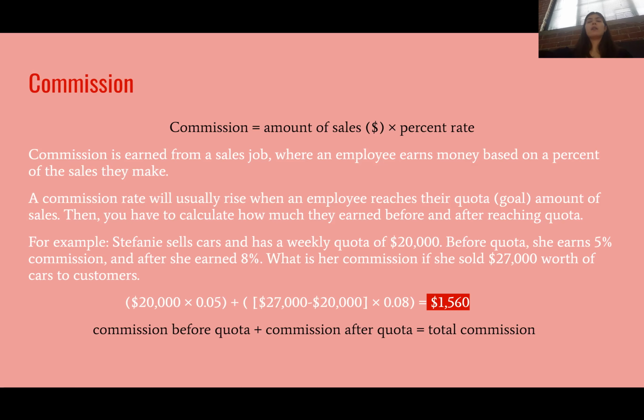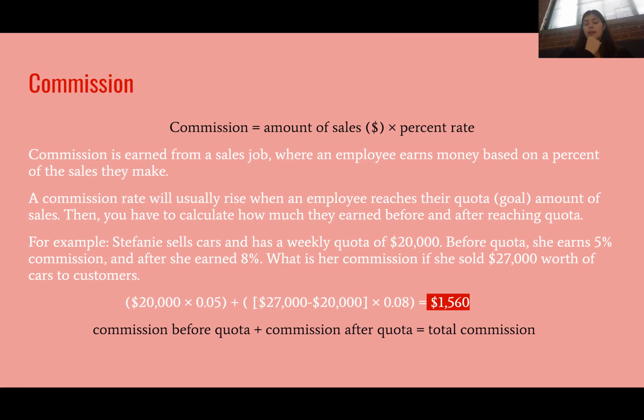So let's say I sell a $500 pair of shoes. The money that goes in my pocket is based on that $500 that I sold, right? So if I make 10%, that means that I get $50 in my pocket for selling a $500 pair of shoes, right? Like that.